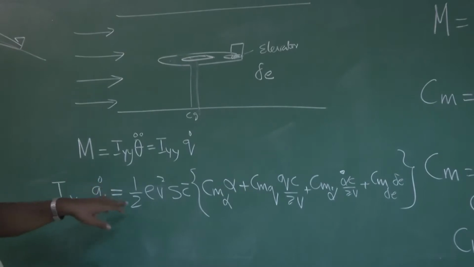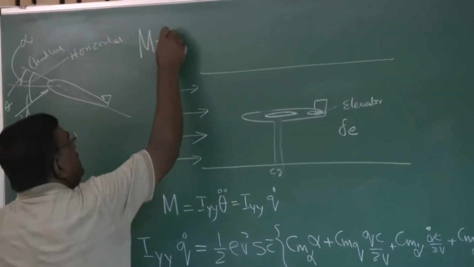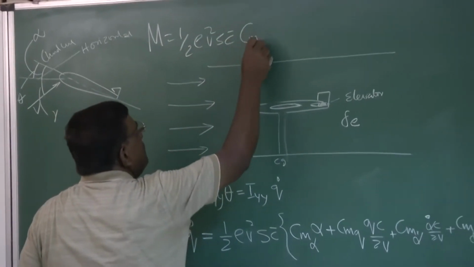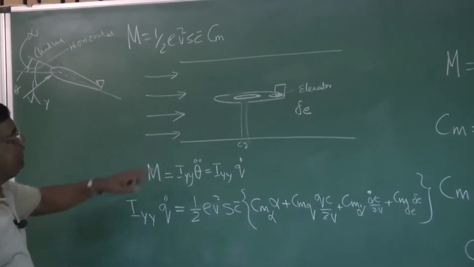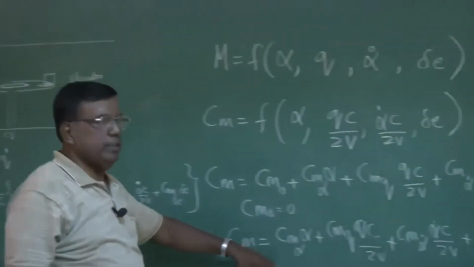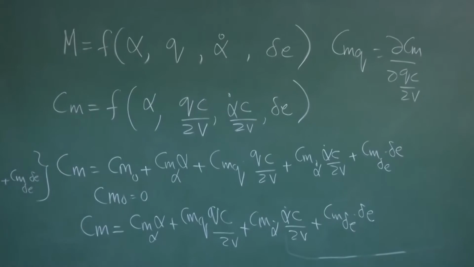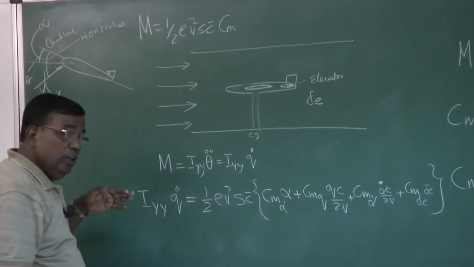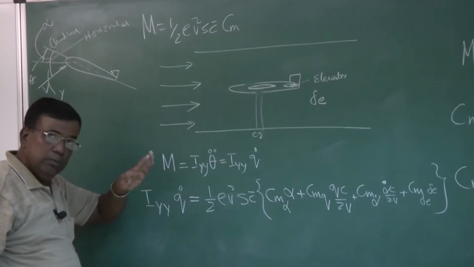This is the moment. If you remember, moment is written as half rho v square S c bar into Cm. That is by definition. For Cm, I am using this expression. And why am I doing all this? I am writing the equation of motion, and the equation of motion here is regarding the angular motion.